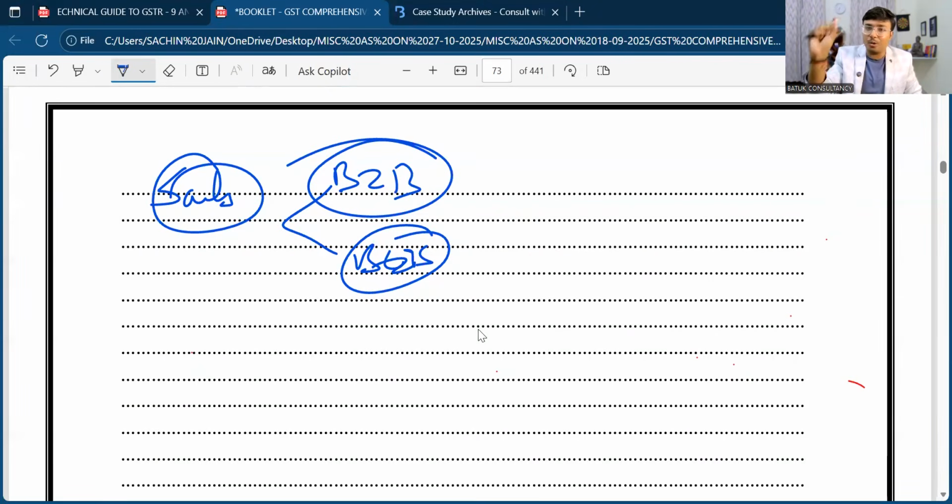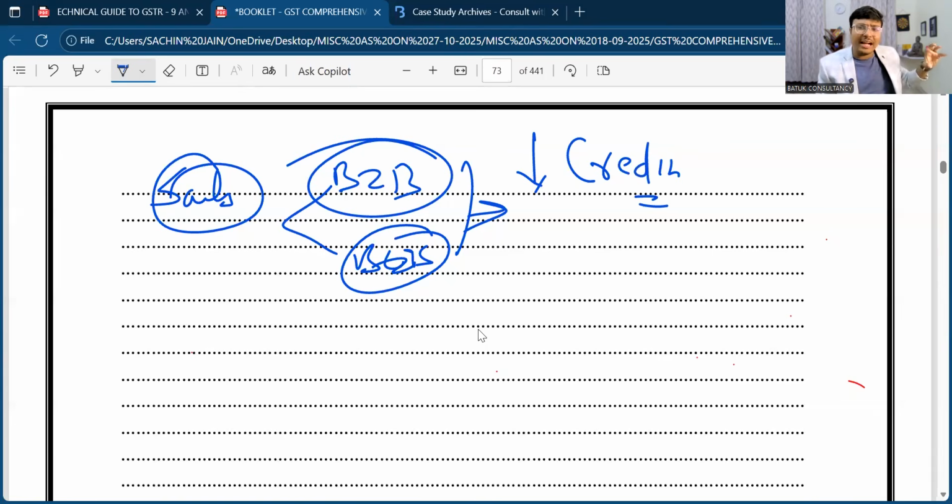And whenever there will be a question of sales return, whenever there will be a question of reduction in output tax liability, there will be a name called credit notes. So when there will be a reduction, credit note. Sir, there may be chances earlier I have prepared the invoice. Now, after making the invoice, there is a price revision. There is a rate difference. And due to that, there will be an increase in the output tax liability. So for that purpose, I have to issue the debit note.